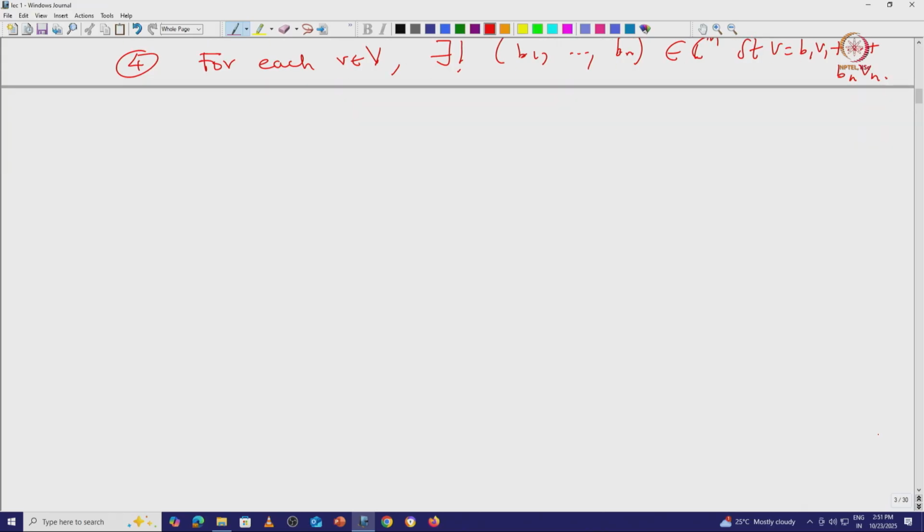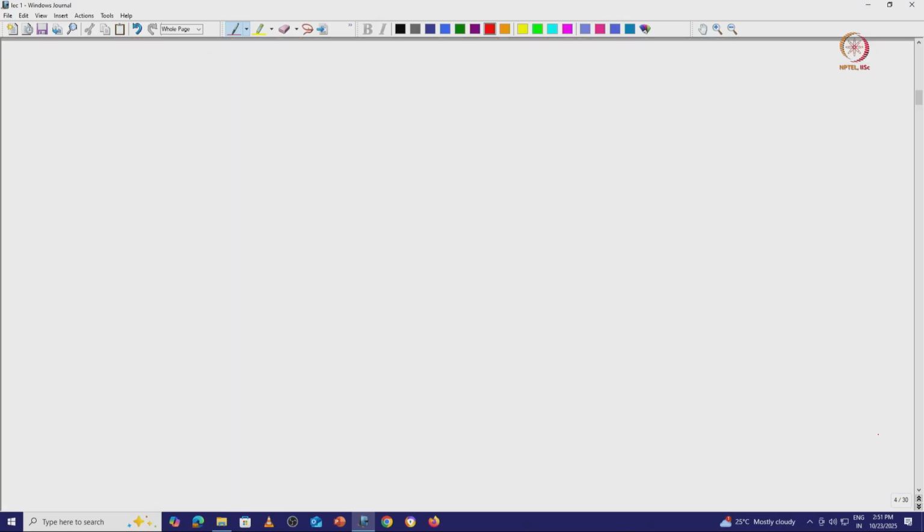So, let us fix two vector spaces, call them V and W. These are two finite-dimensional vector spaces over complex numbers. Assume that the dimension of V is n and the dimension of W is m.